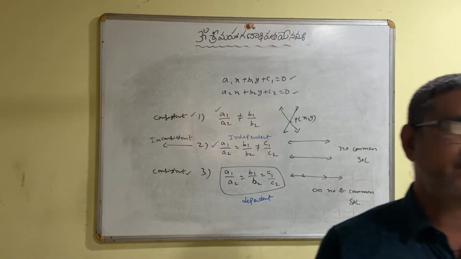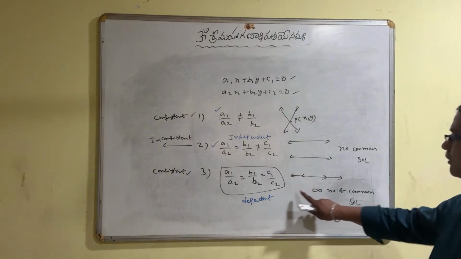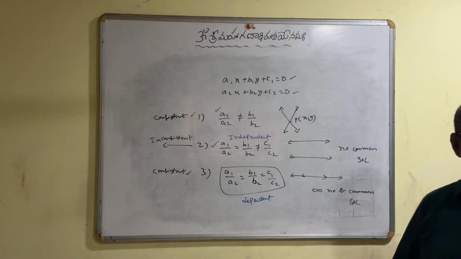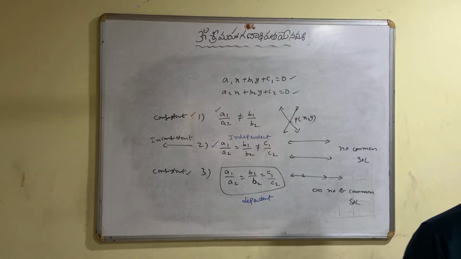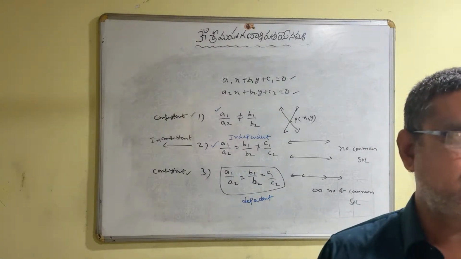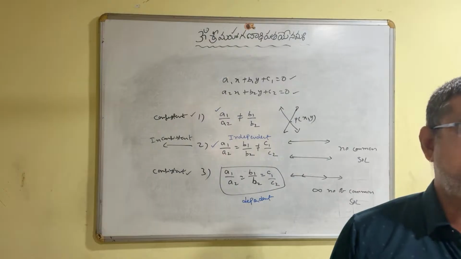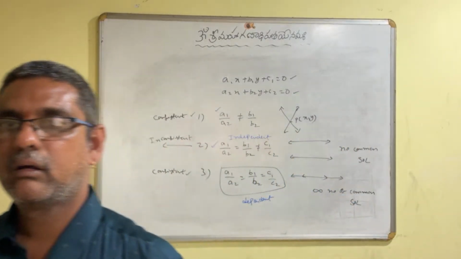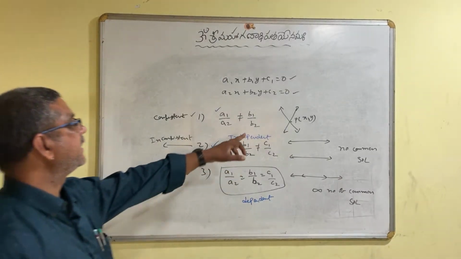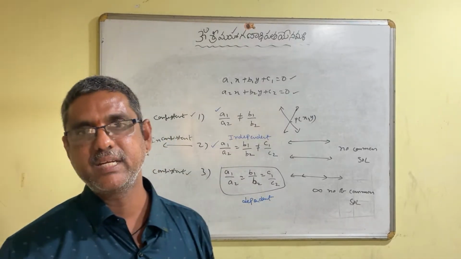You cannot say that they are dependent throughout. The pair which has an infinite number of common solutions is a dependent pair of equations, because both the lines coincide with each other. And here, it is also a dependent pair, but dependent at only one point.